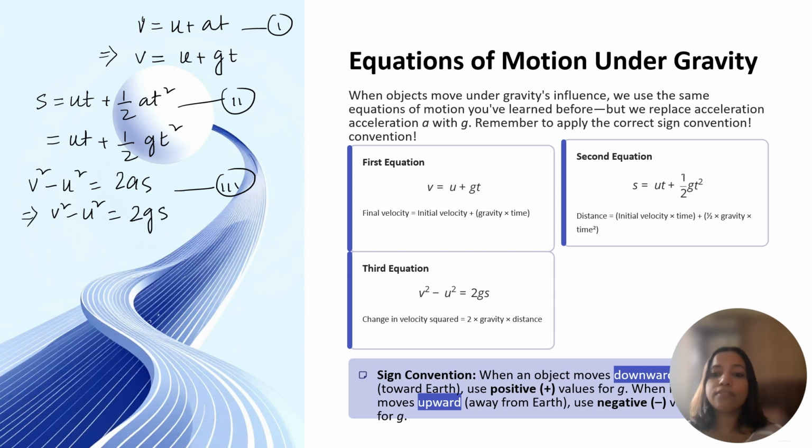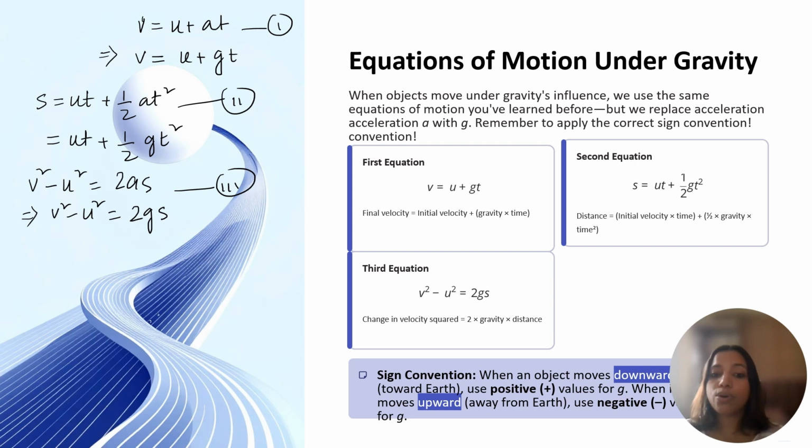Now one thing you have to remember, that here we need that sign convention. Why is it important? See, because when free fall happens, objects go down. So that means the acceleration due to gravity is positive, because we know acceleration is a vector quantity. But what if we throw any object in the upward direction?